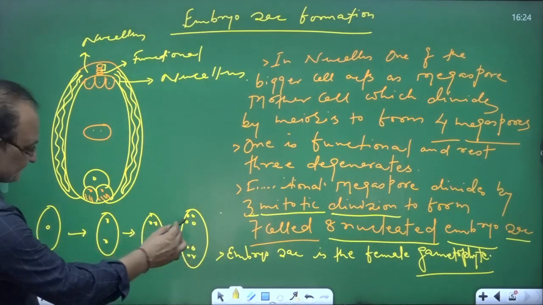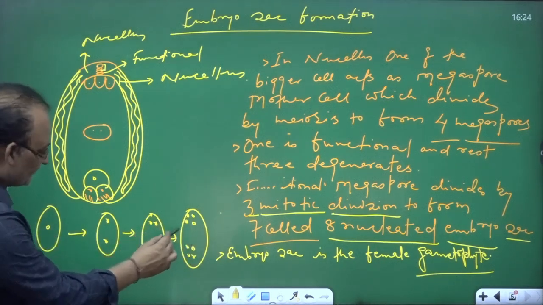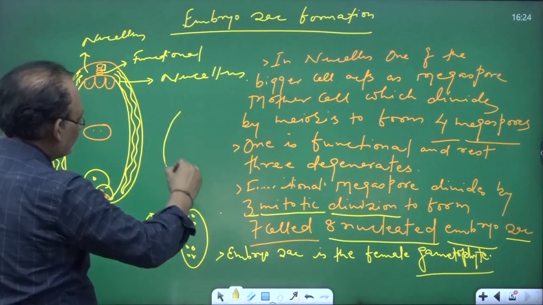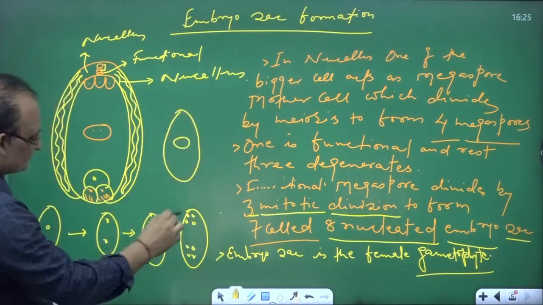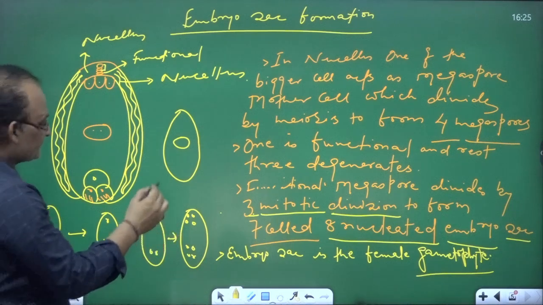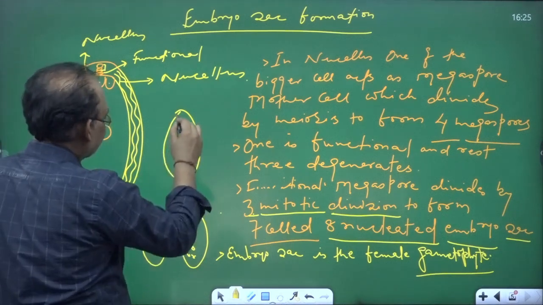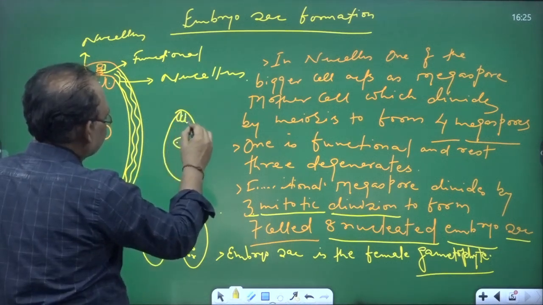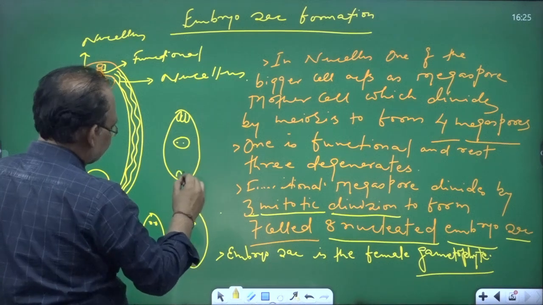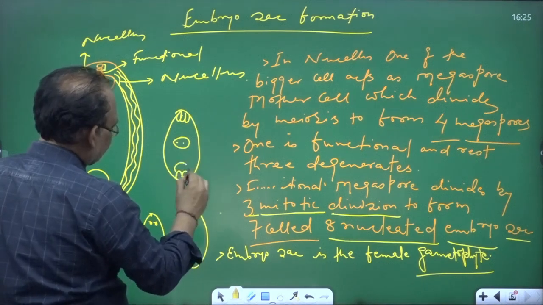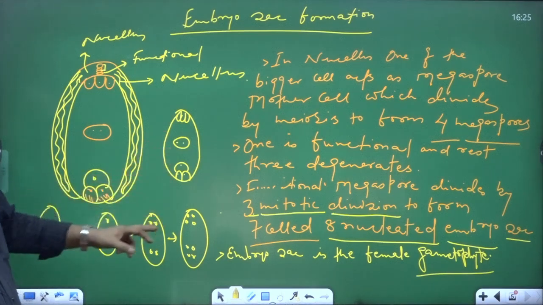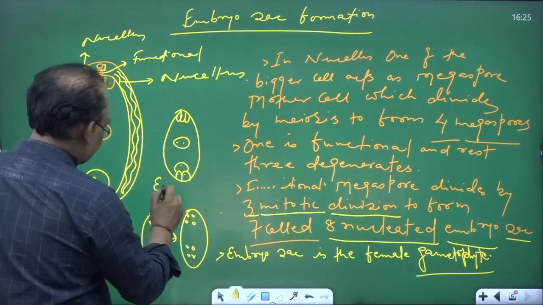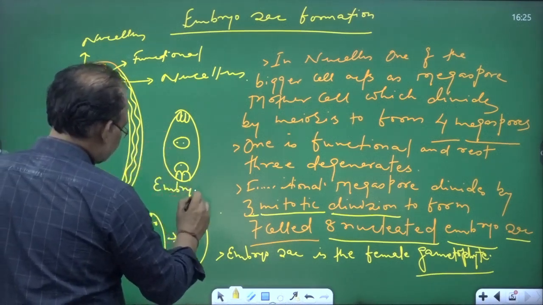So how many cells are formed? 8. Out of 8, 2 nuclei come to the center and 3 cells in the upper part, and like this. So this is how the embryo sac is formed.